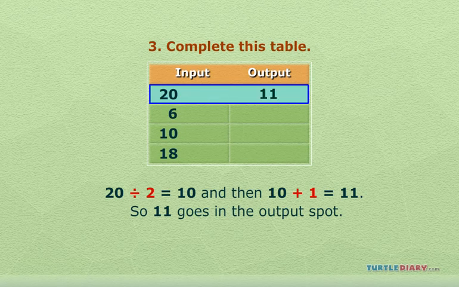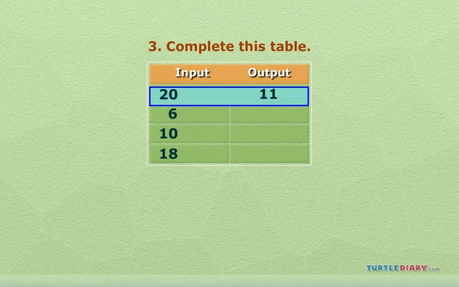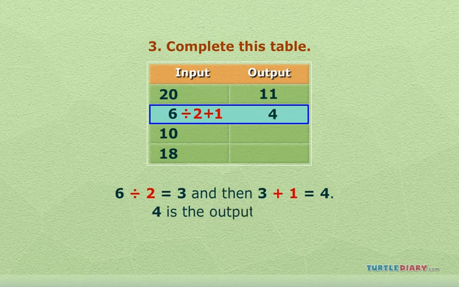Now the table looks like this. For the next input, 6, we follow the same rule. Divide by 2, then add 1. 6 divided by 2 equals 3, and then 3 plus 1 equals 4. 4 is the output for 6.